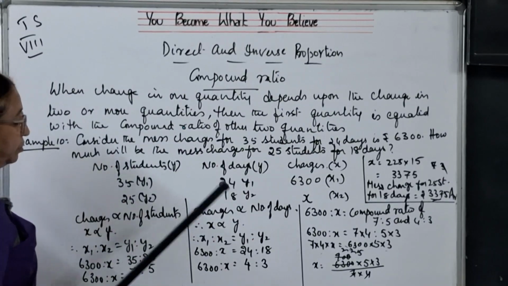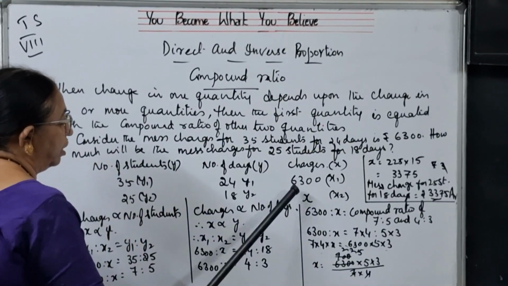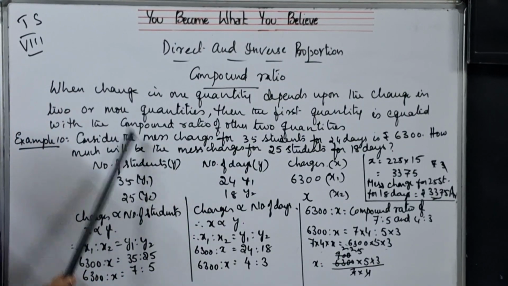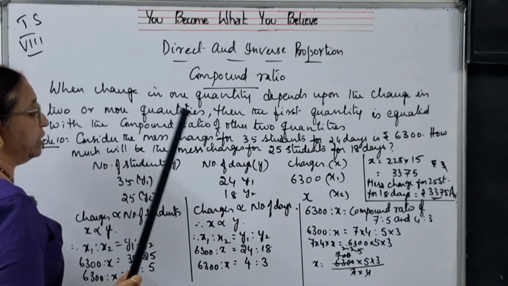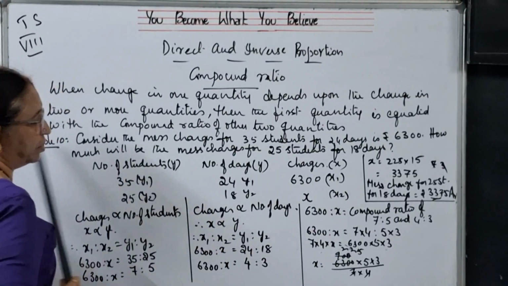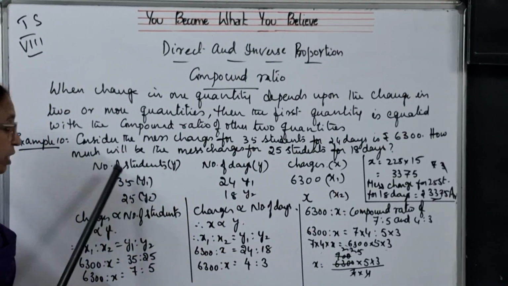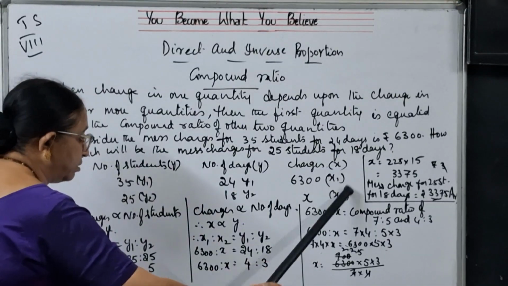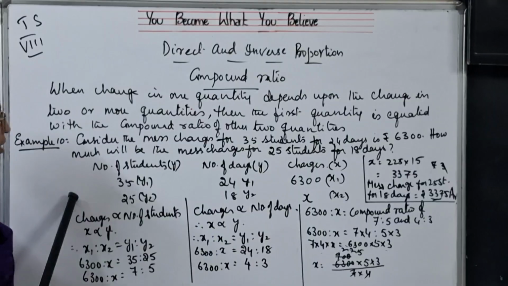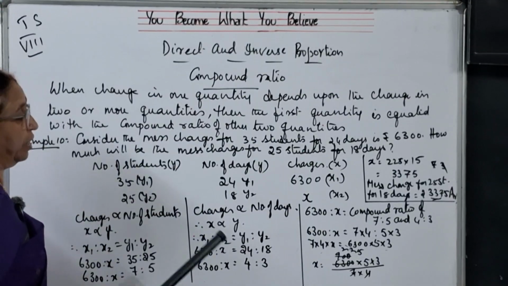For 25 students, for 18 days, how much are the mess charges? So what you need to do is, first you identify the three quantities given in the problem. Write the quantities, don't put x and y, because we should understand first. After writing this table, we will understand where we need to keep the x.